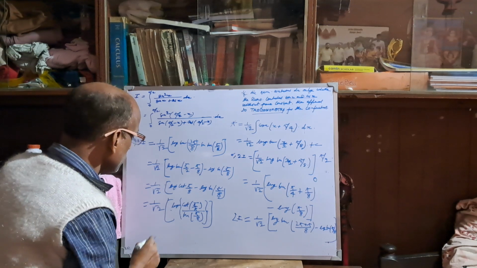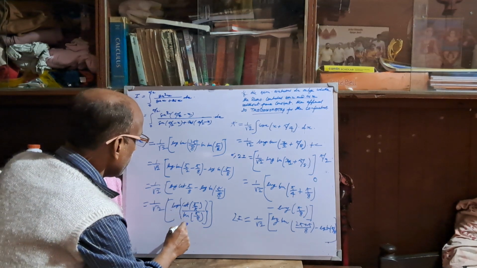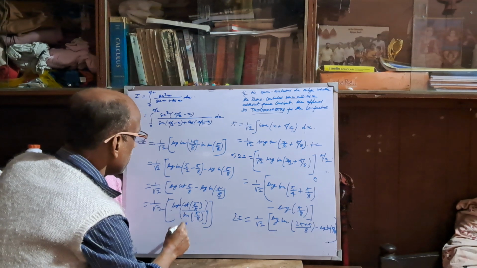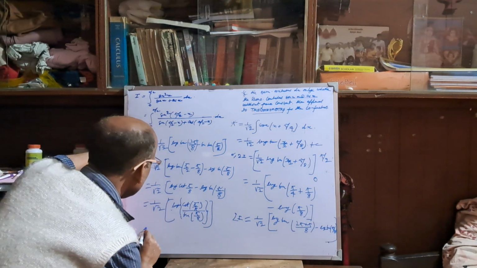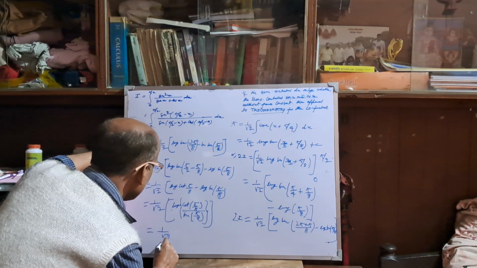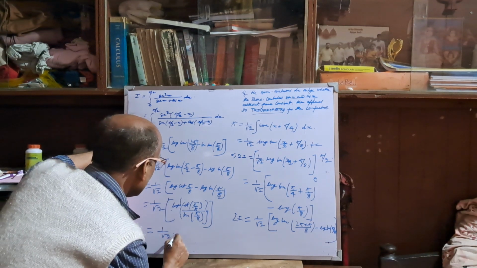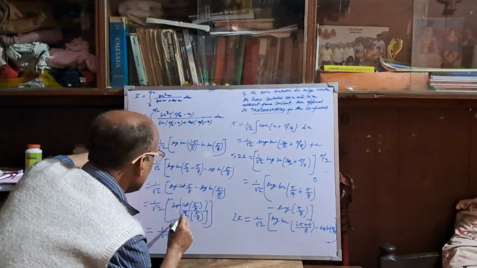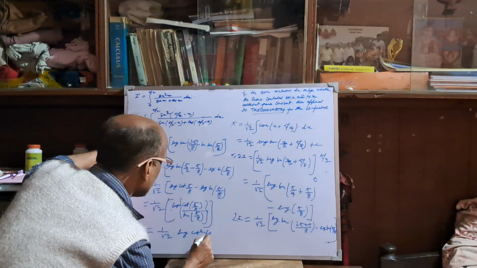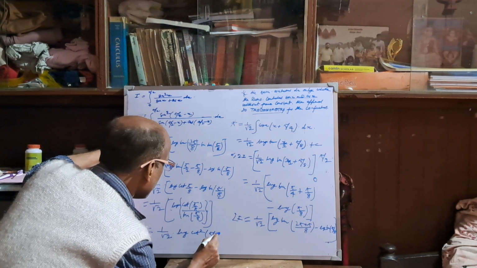So if 1 by tan pi by 8, which is cot pi by 8, goes in the numerator, then that will be 1 by root 2 log cot square pi by 8.